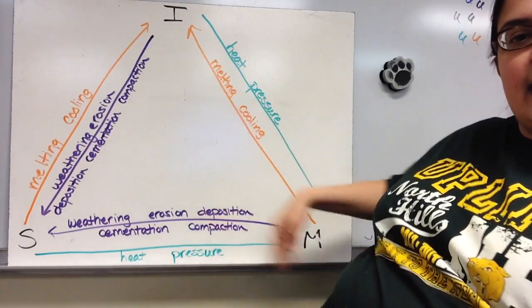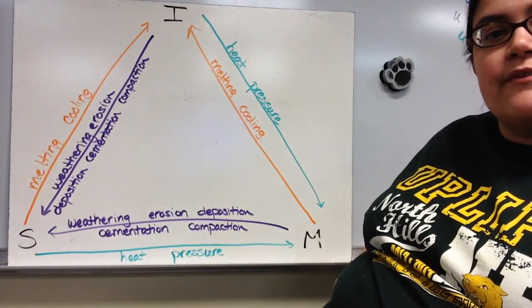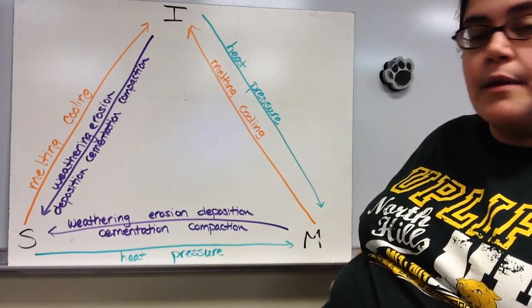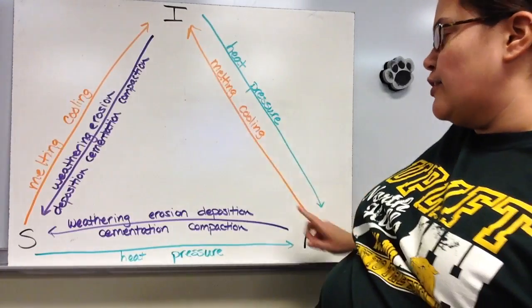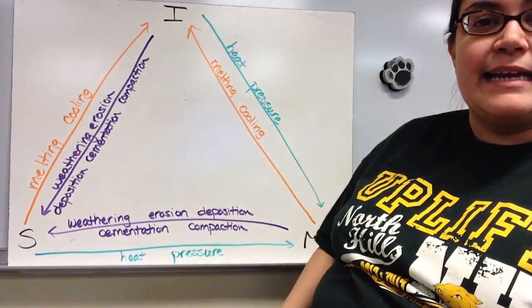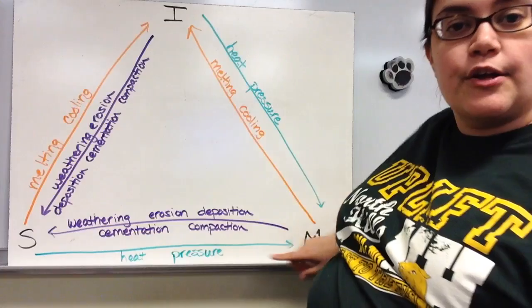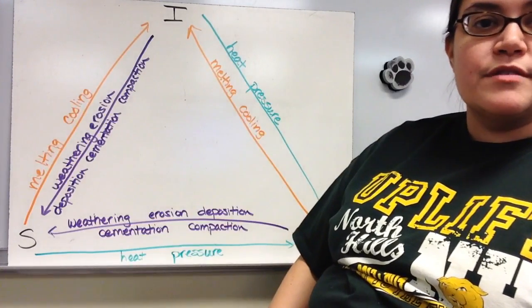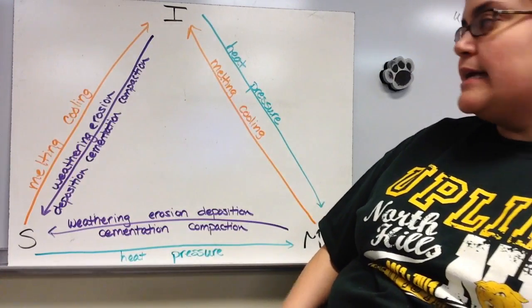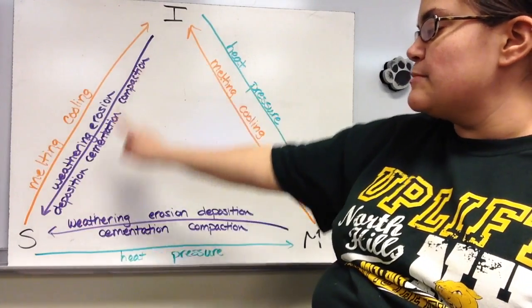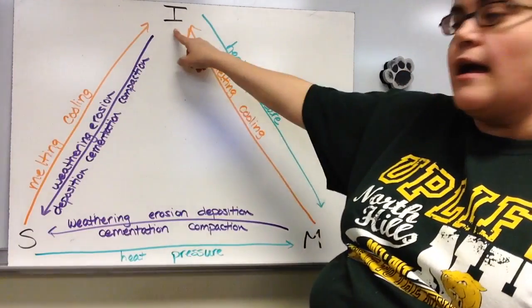Okay, so with this diagram, you just follow the arrow to whatever type of rock it is going to form. So if you're going to form an igneous rock, you're going to follow the arrow that points to igneous. If you're going to make a sedimentary rock, you follow the arrow that moves to sedimentary. And as you can see, each rock type, igneous can be made from a sedimentary rock or a metamorphic rock.